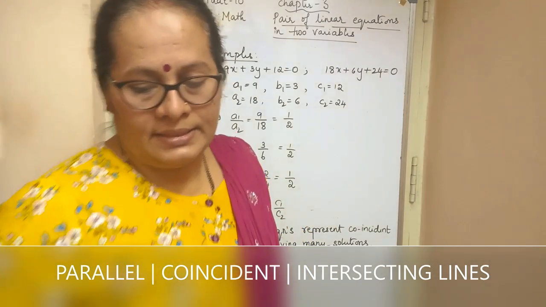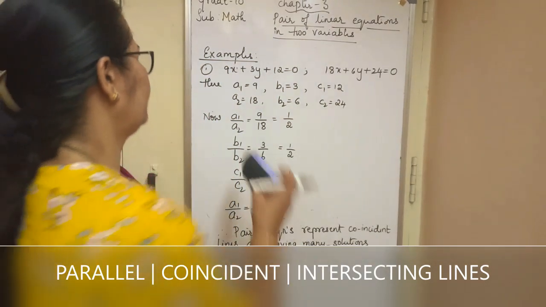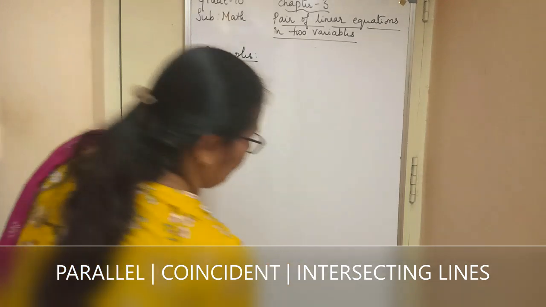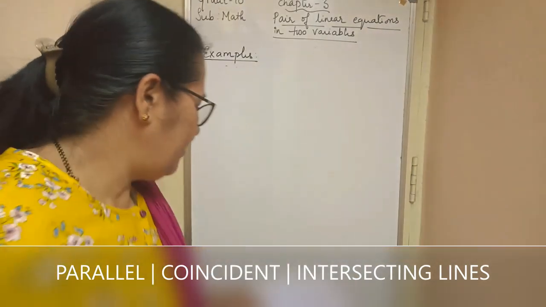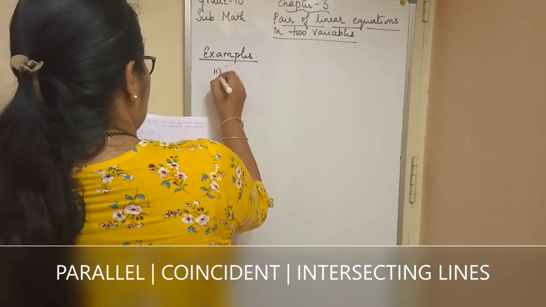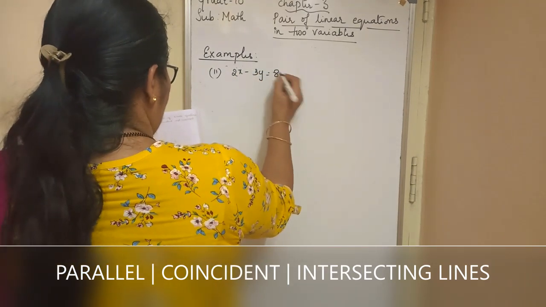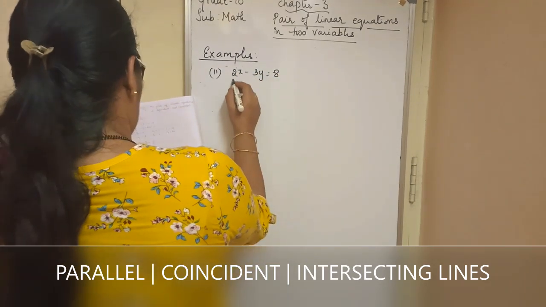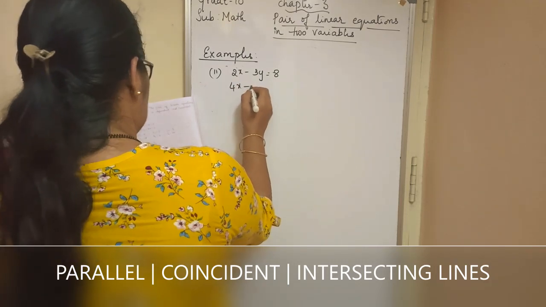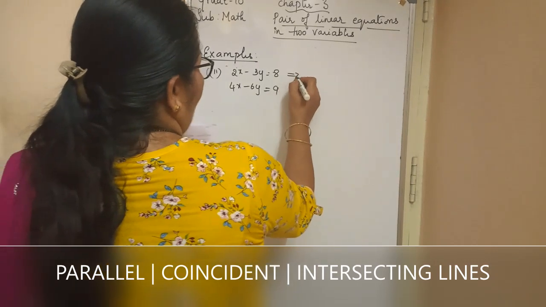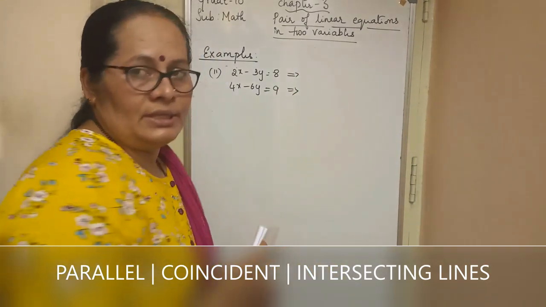Now, second example. I'll take one more example. 2x minus 3y equals 8 and the next equation is 4x minus 6y equals 9. Now, first we write it in the general form.